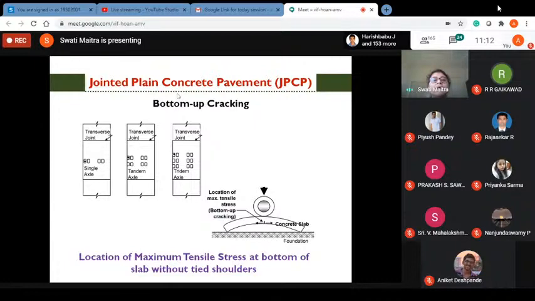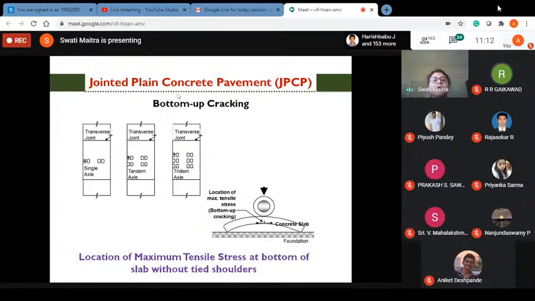But for the design, it has been found that the edge loading gives the maximum stress. So this analysis has been done for the edge loading condition, and it also takes into consideration the temperature effect, both positive temperature gradient and negative temperature gradient, to take care of the bottom-up cracking and top-down cracking.